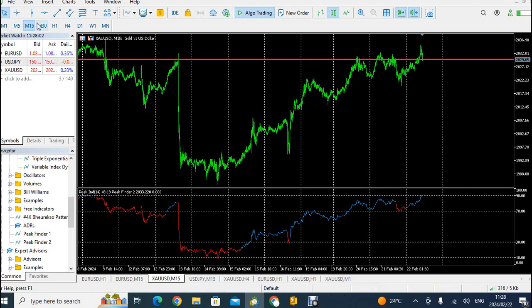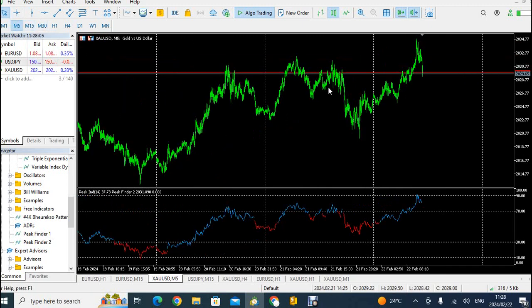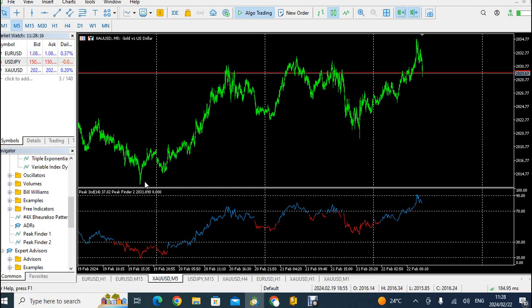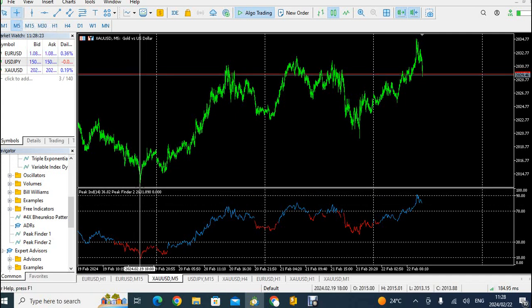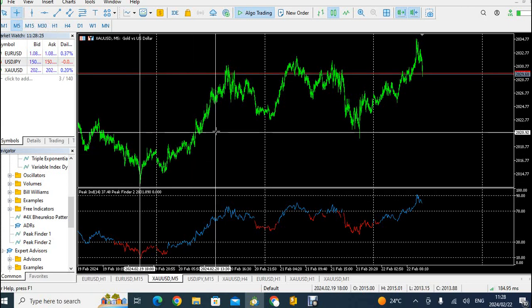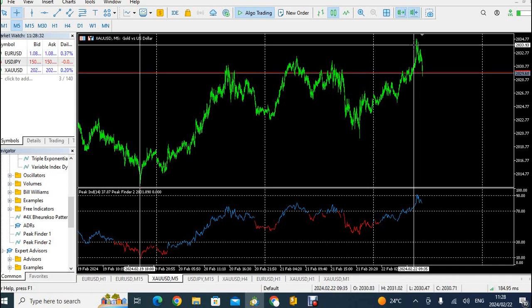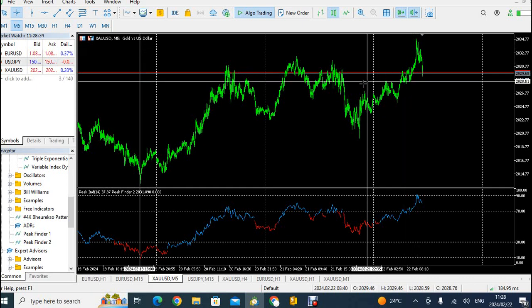Let me just show you this in the 5-minute chart. If you check here, after this point, when the market hit the 10 level, it was almost immediate that the market went up. And if you look at that movement from here to where we are now, where it hit the 90 level, about how many pips is that in total?